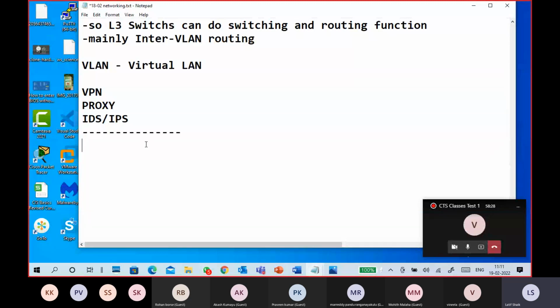Guys, a VLAN is not a device or anything. It is simply a virtual LAN. So how to understand a virtual LAN?